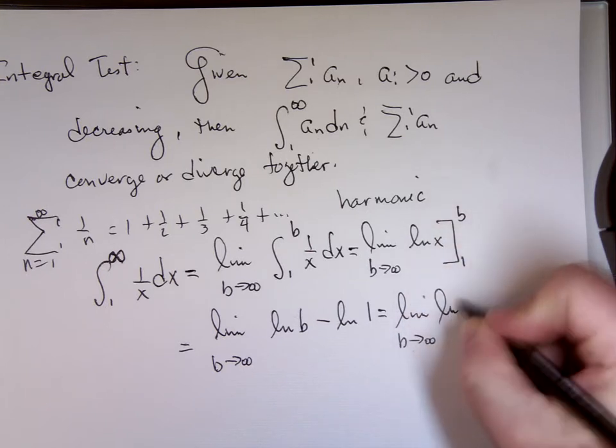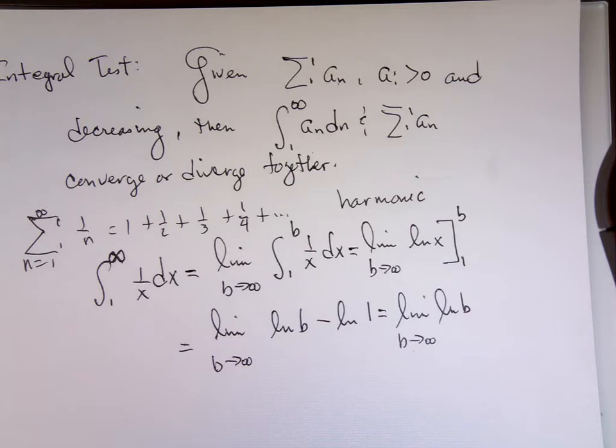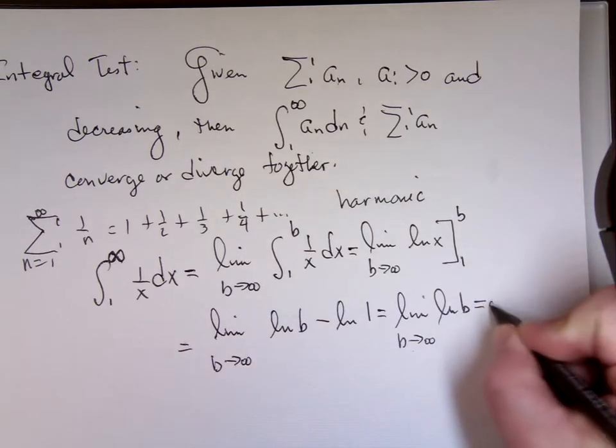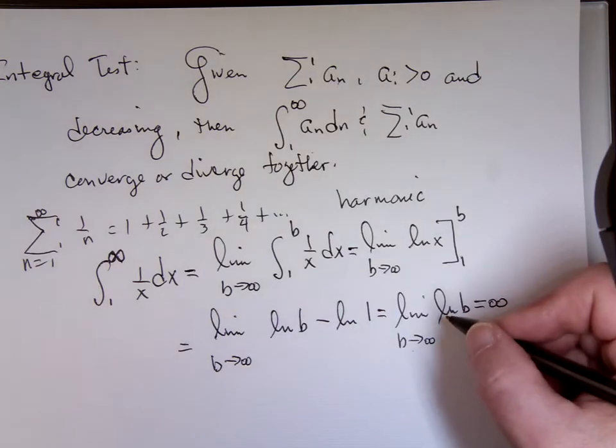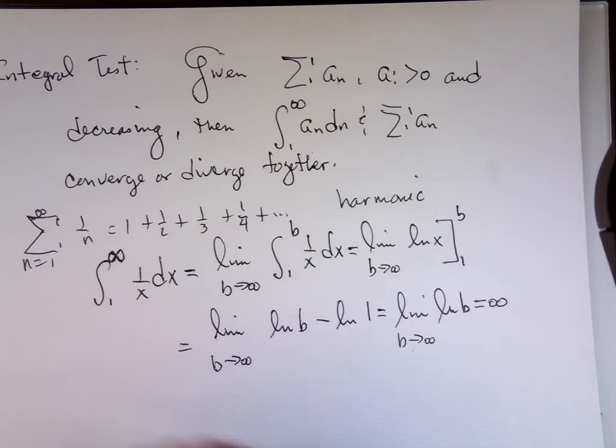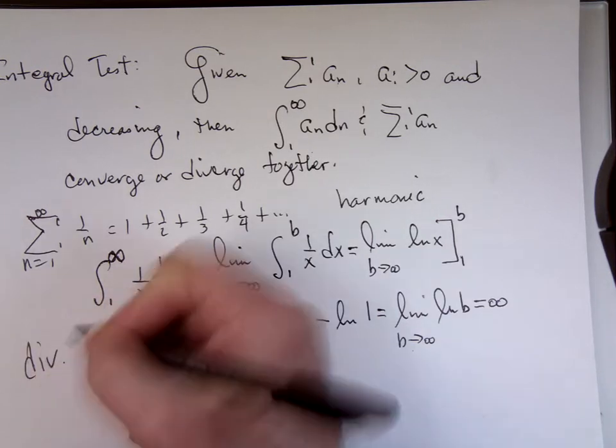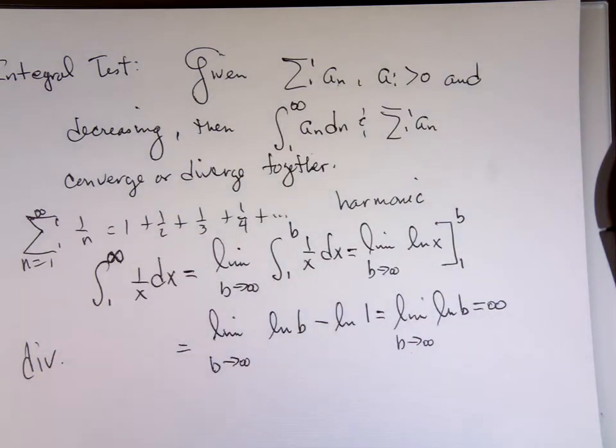As b goes to infinity, where's the natural log of b going? Infinity. Which means this integral diverges. It goes to infinity. Consequently, the original series diverges. So the natural log of infinity is infinity, right? You bet it is.